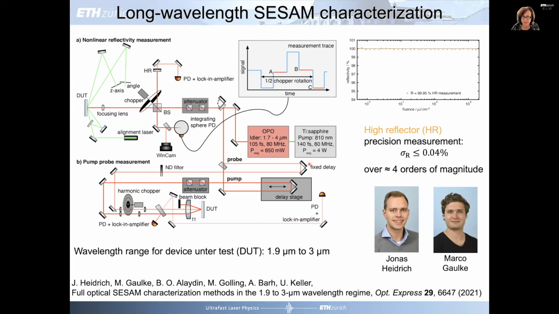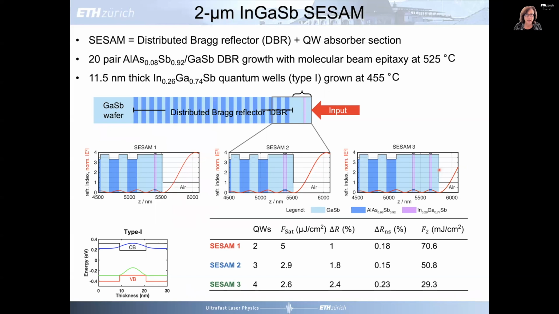It was the great effort of two new graduate students who took our know-how from the near IR, pushed it into the mid-IR, and could show an accuracy over 4 orders of magnitude, which is very similar to the near IR, which you need because we are only looking for a few percent of modulation depth, right?